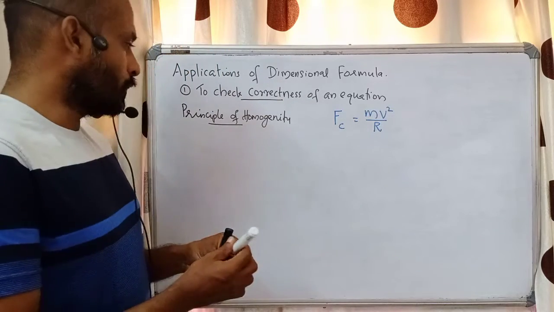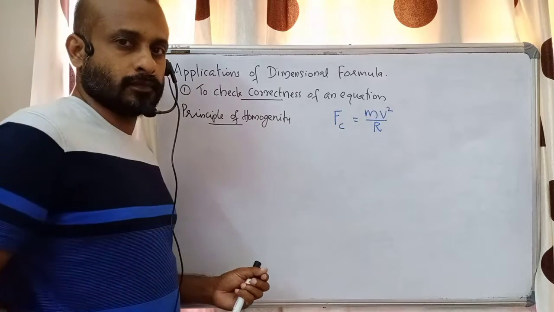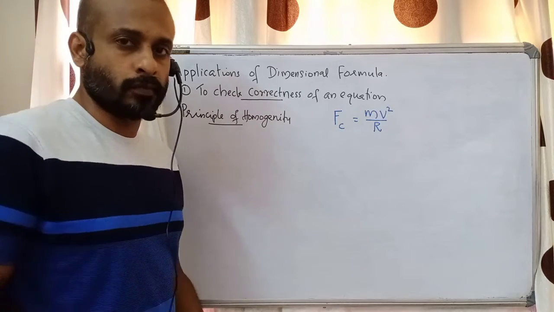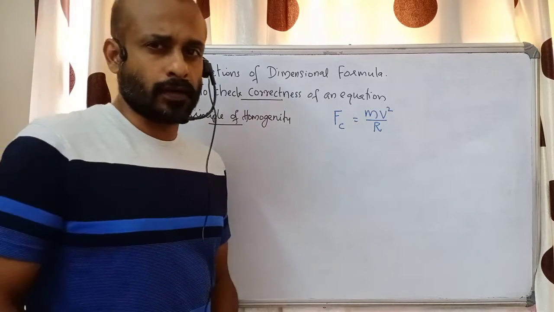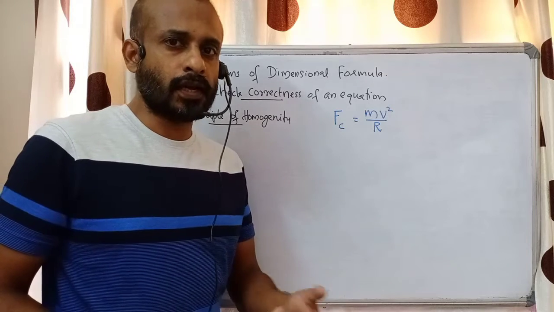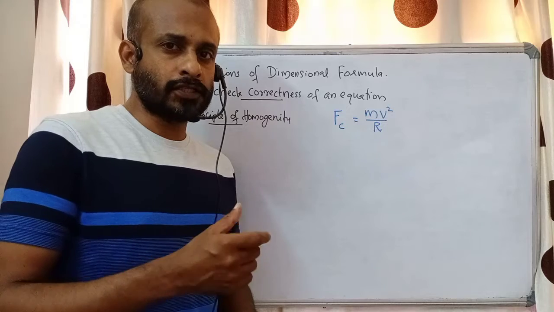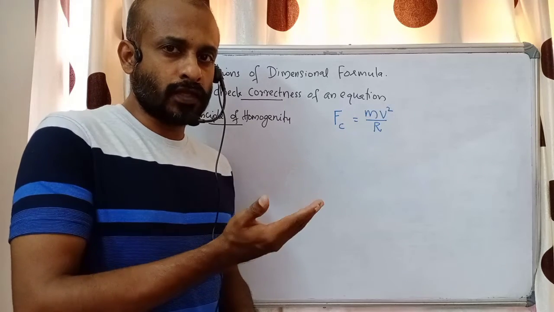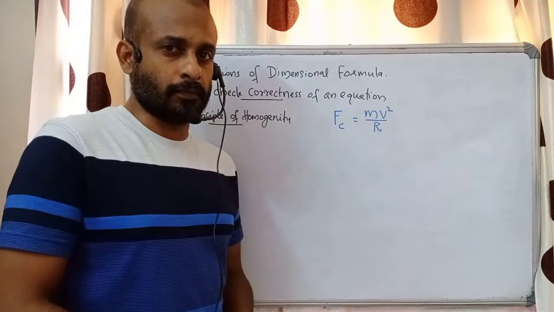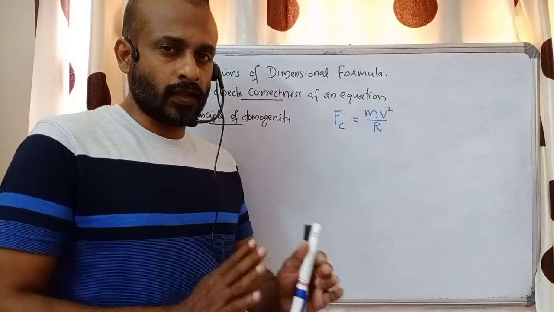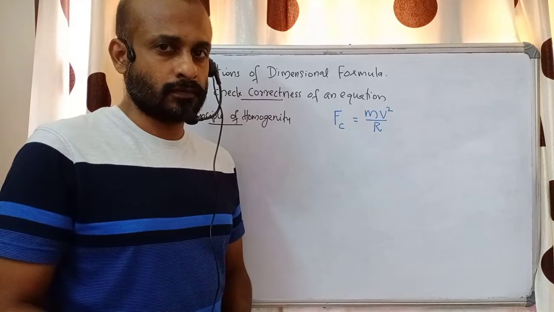Now, according to the principle known as the principle of homogeneity, an equation is dimensionally correct only if the dimensional formula of each term on the right side of the equation and the left side should be the same. Then only we can say the equation is dimensionally correct.